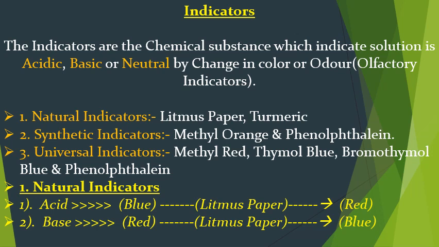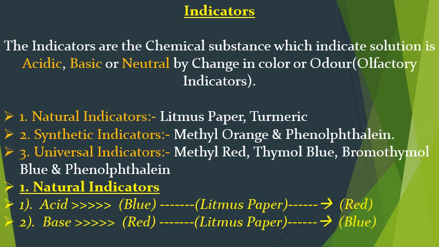The natural indicators are litmus paper and turmeric, haldi. Synthetic indicators are methyl orange and phenolphthalein, by which we can find the acidic or basic nature of a solution. Universal indicators include methyl red, thymol blue, bromothymol blue, and phenolphthalein.